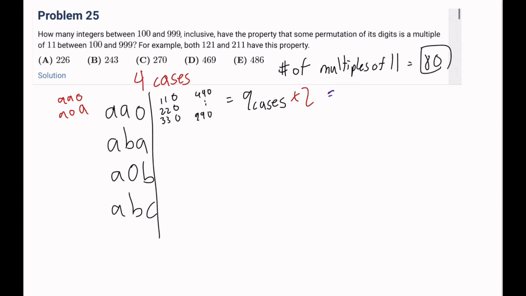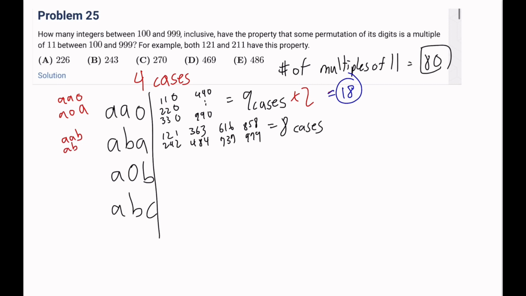And for ABA, that would be 121, 242, 363, 484, 616, 737, 858, 979, and that's all we have. So we have 8 cases, right? But then this time we can have AAB, ABA, or BAA, so those are 3 cases, multiplied by 3, that is 24.